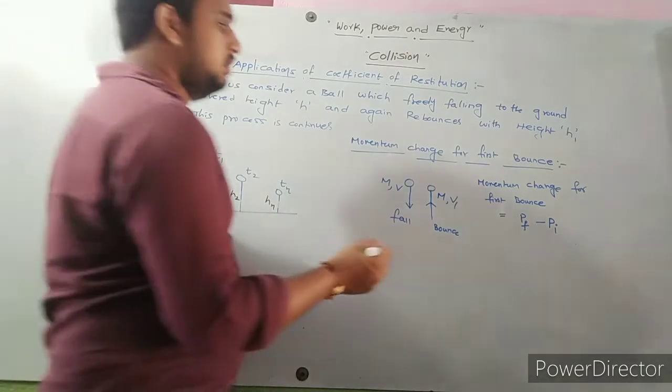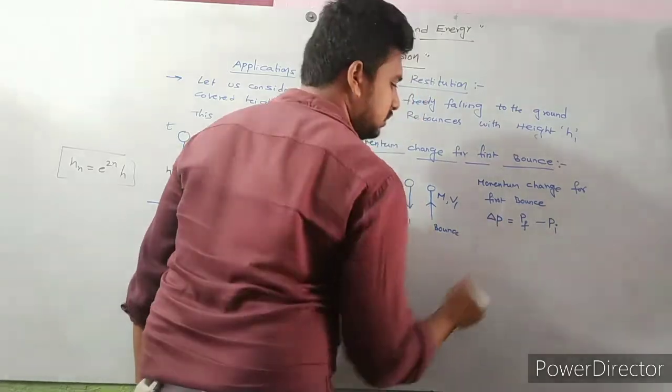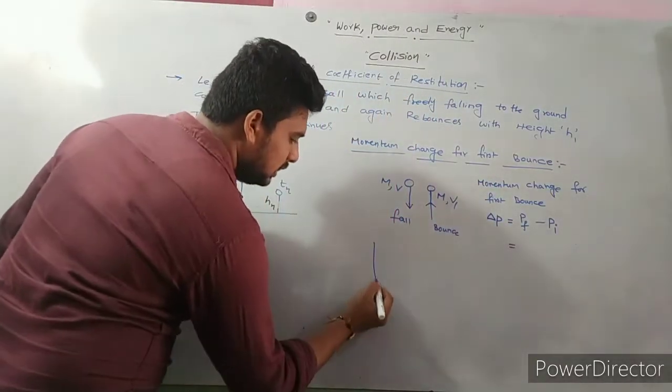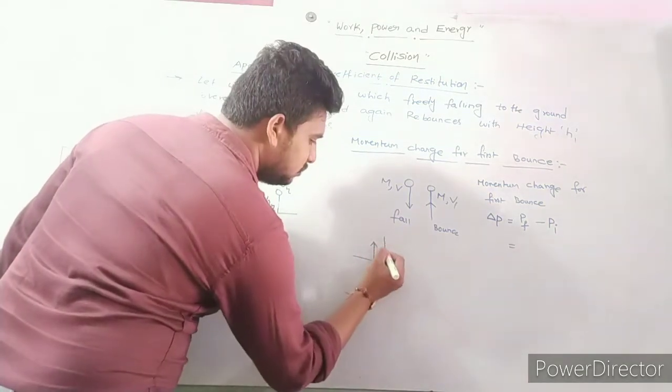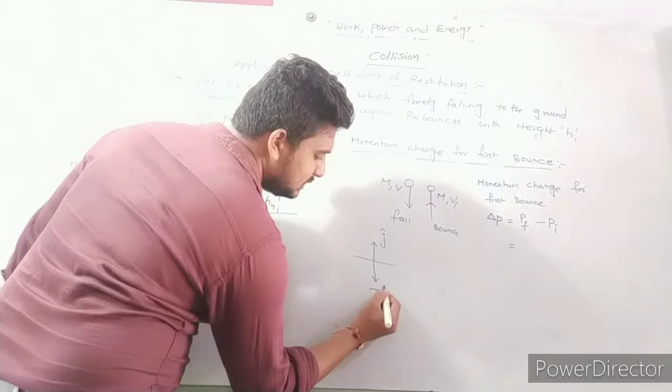So that is delta p. Here I'll consider that if it is moving upward, it is j cap, and moving downwards it is minus j cap.